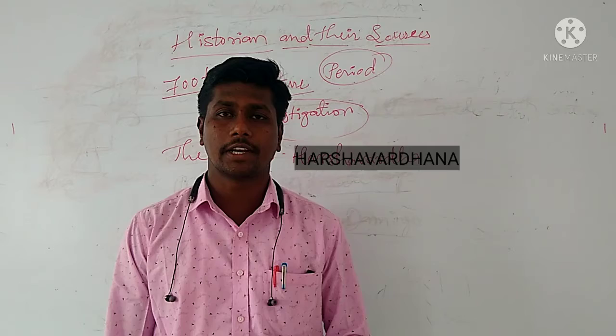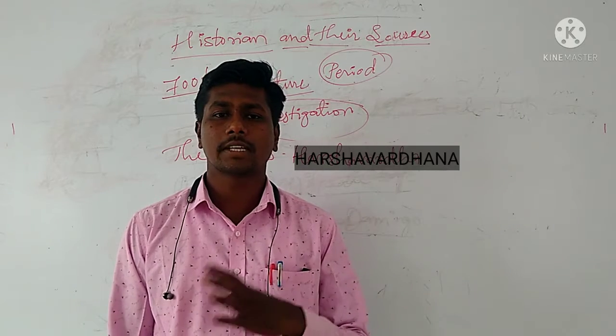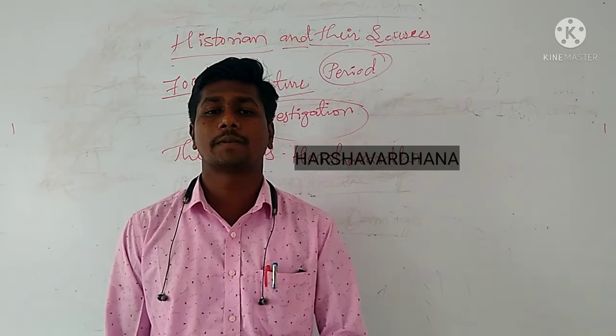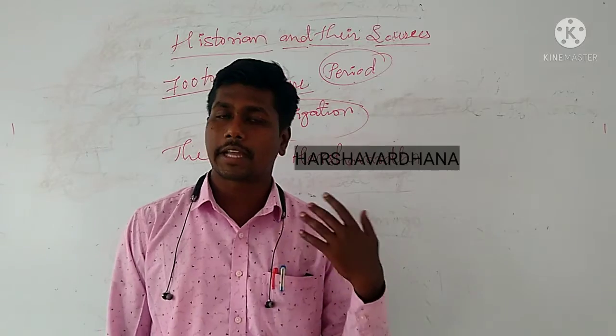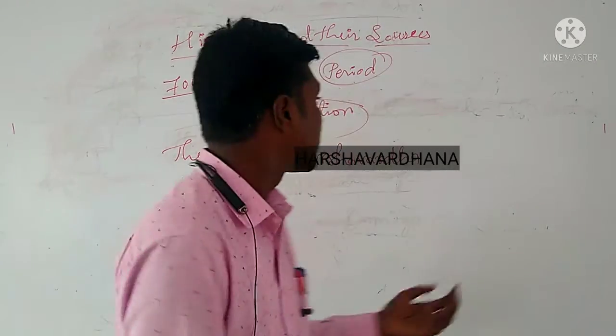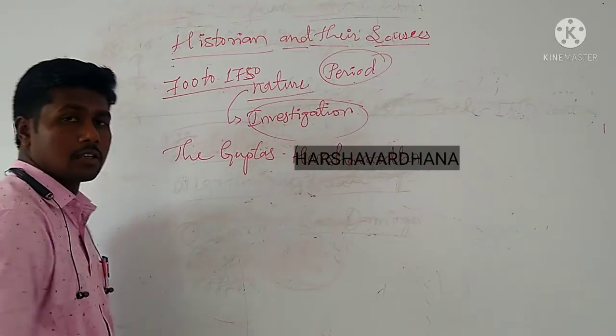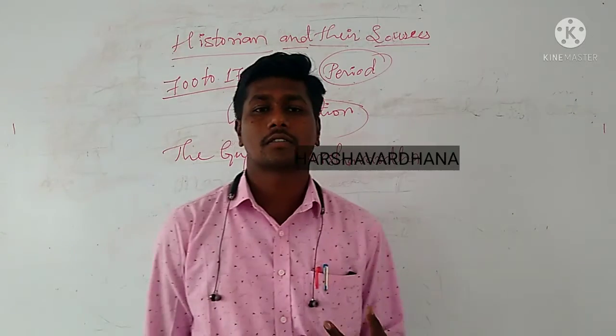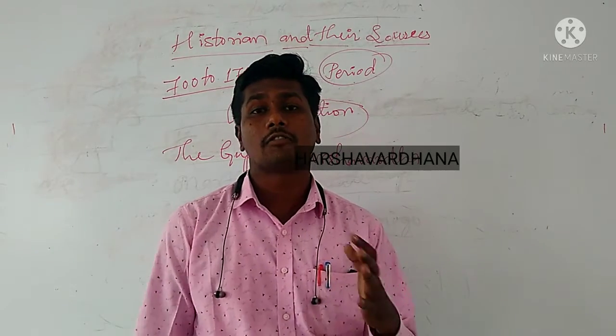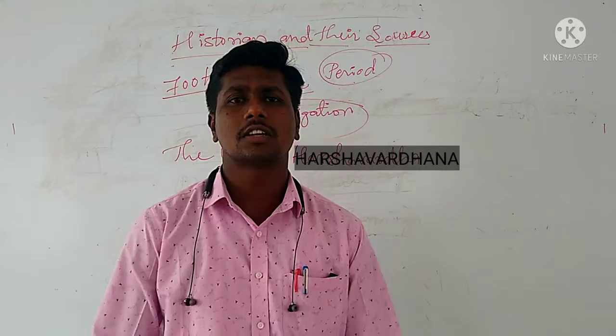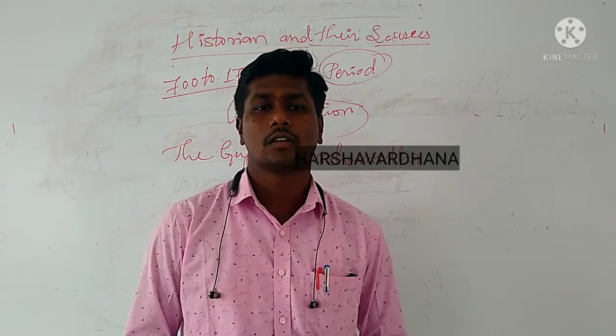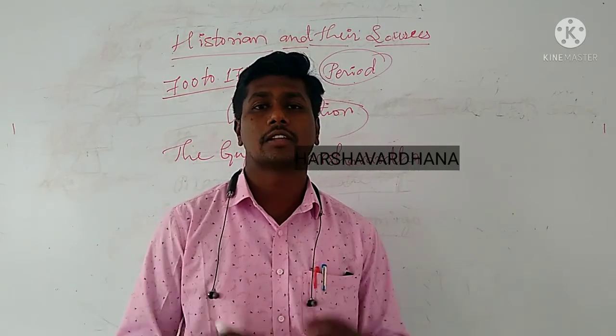Then what was the discontinuity? See, for example, the number and variety of textual records increased dramatically during this period. I mean, during this period, the number of textual records and the variety of those records suddenly increased.